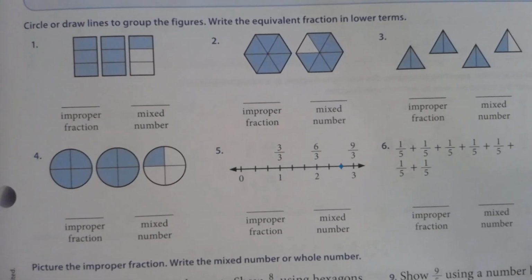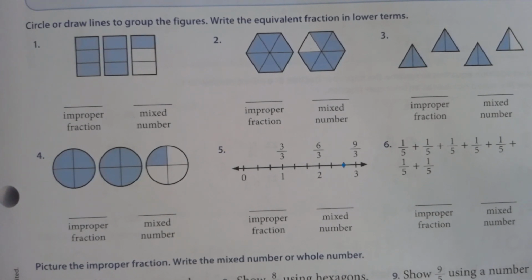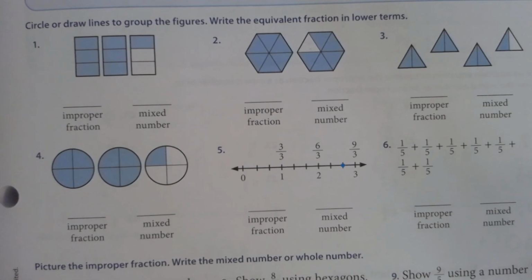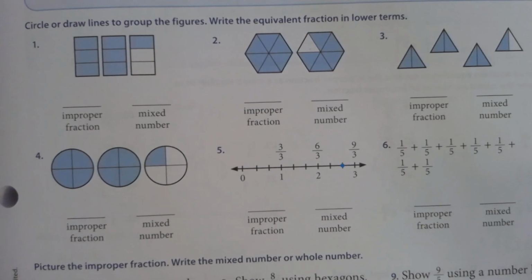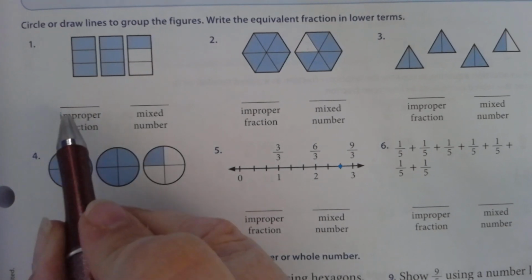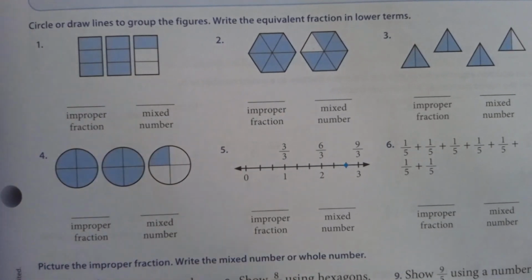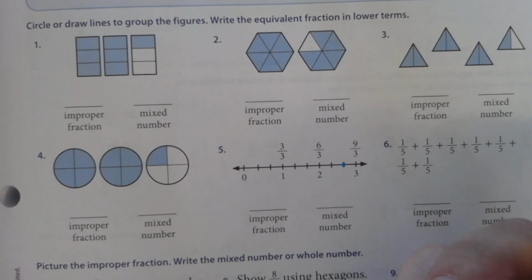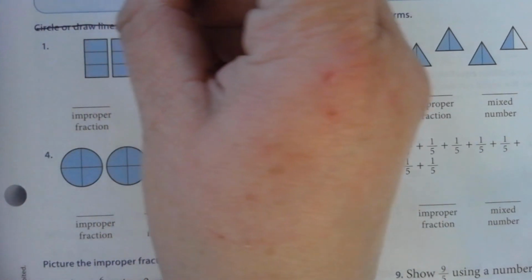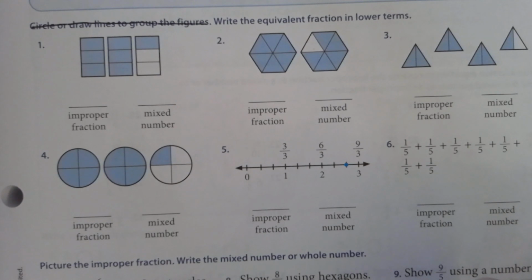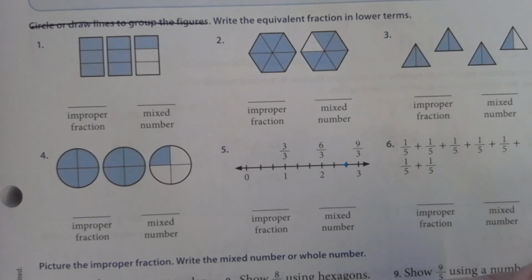Now numbers 1 through 6 says circle or draw lines to group the figures. Write the equivalent fraction in lower terms. So what they want you to do, guys, is first we're going to write this as an improper fraction. Now, if they're asking you to circle or draw lines to group the figures, honestly, I would say just mark that first line out and just write what you have here.